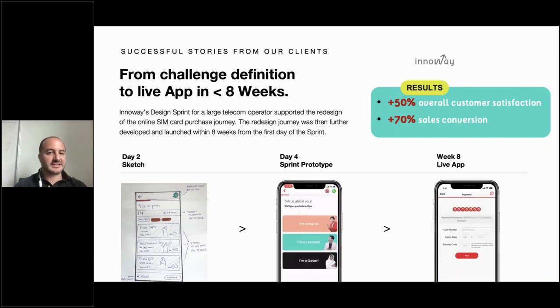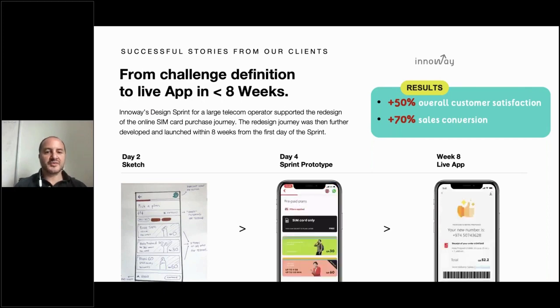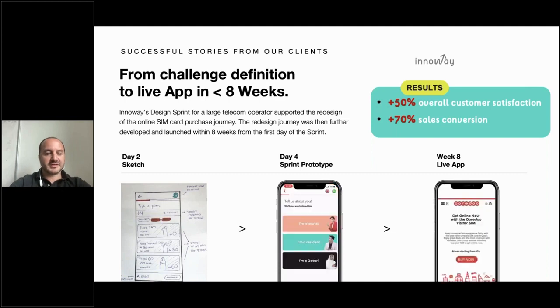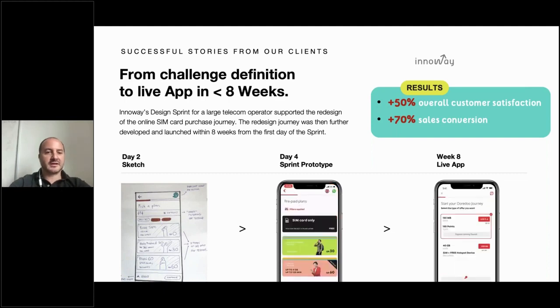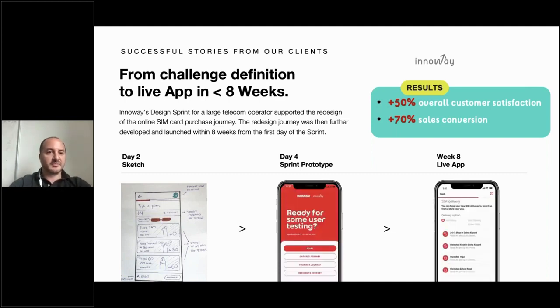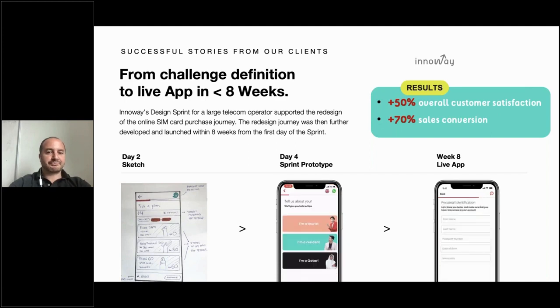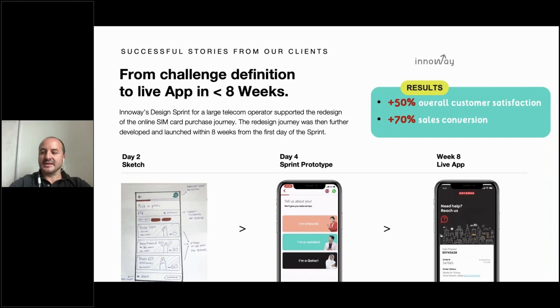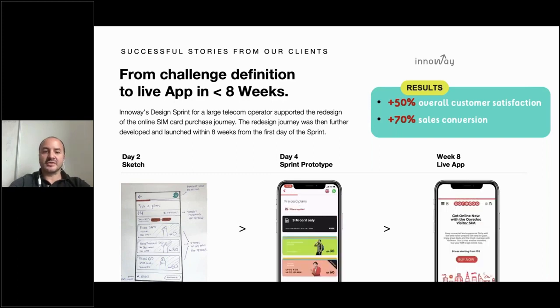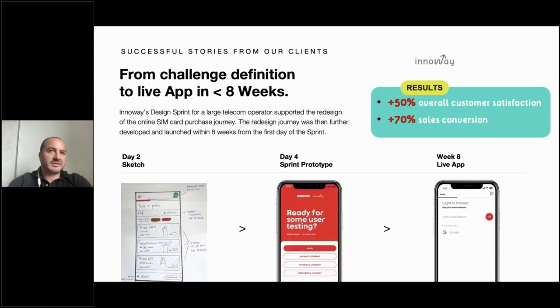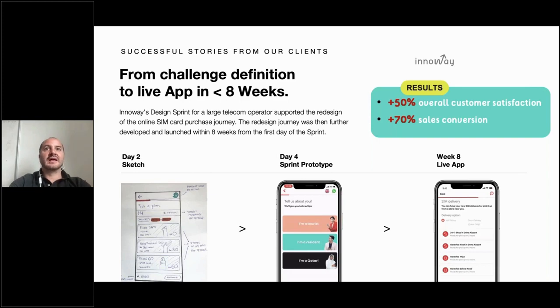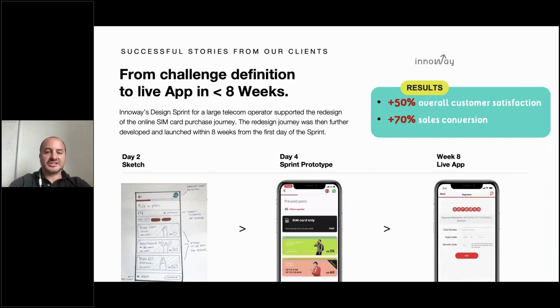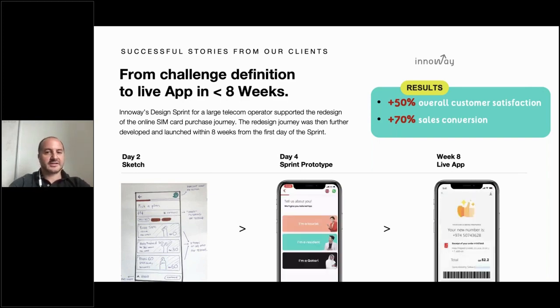They had a challenge that they wanted to improve the selling of online SIM cards in the current platform. When we started, the platform was not working really well, and they wanted to understand why, and they wanted to implement it and launch it in less than 8 weeks.